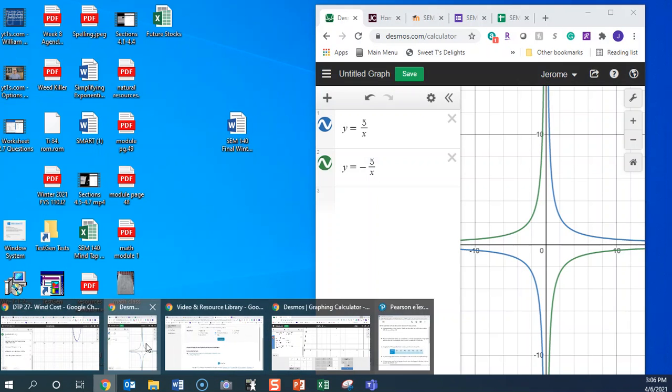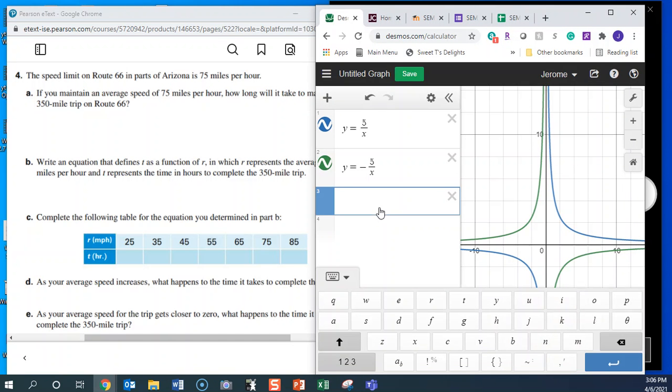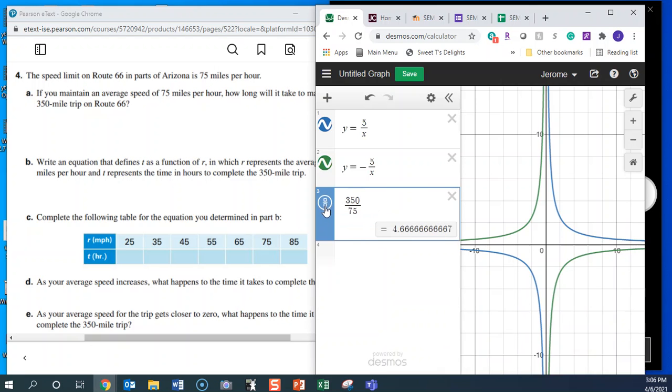As a matter of fact, instead of doing all the dividing, you can use the Desmos calculator. With 350 divided by 75, it gives you the decimal. But if you want it to be a fraction, just hit this here, and this would be 14/3. Now, 14/3, if we make it into an improper fraction, will be 4 2/3 hours.